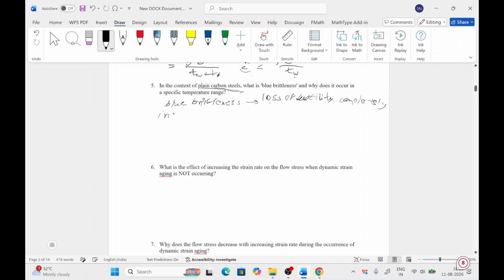Interstitial atoms move fast at high temperature and lock the dislocation easily.